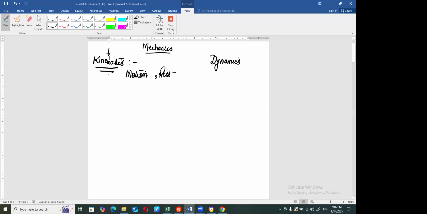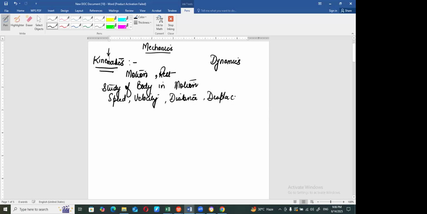Remember that when you talk about kinematics, it means the study of a body in motion. When the body is in motion, you study certain physical quantities related to the motion, like the speed or velocity of a body, how much distance a body is covering, or you can say displacement.